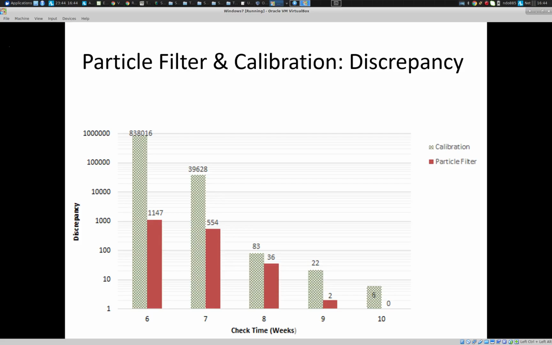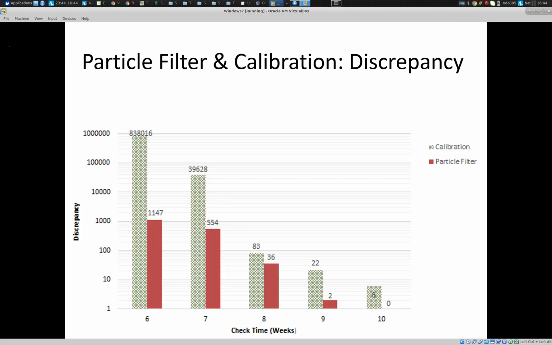All it does is update the parameters of that model, but it doesn't take into account, this is where I am right now. I must be in a situation with few susceptibles, or a growing number of susceptibles, because I haven't seen many recent cases. It doesn't take that into account. And as a result, calibration is a great thing, but if you depend on calibration to anticipate what you're going to have going forward, this is the comparison.